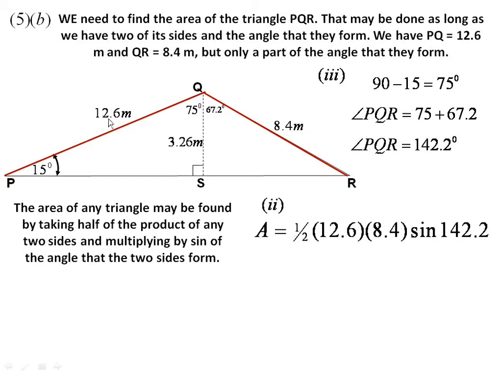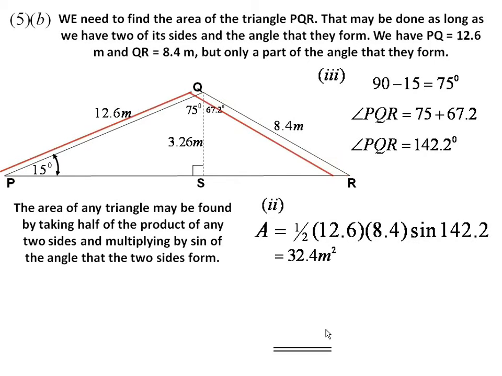The two sides that form the angle are 12.6 meters and 8.4 meters, and the angle that those two sides form is the sum of these two angles, which turned out to be 142.2 degrees. So half times 12.6 times 8.4 times sine of the angle that those two sides form turns out to be 32.4 meters squared.